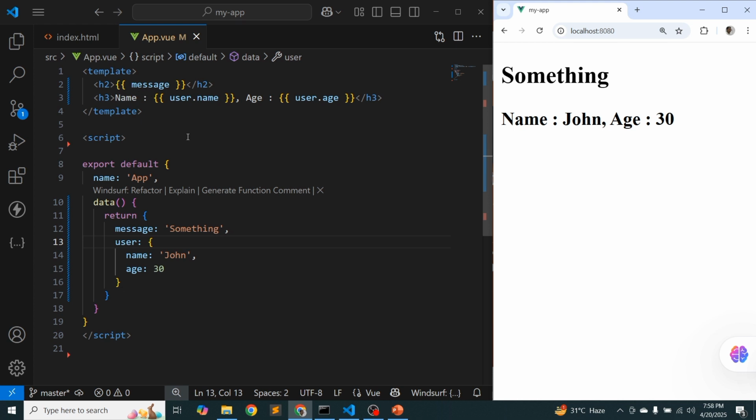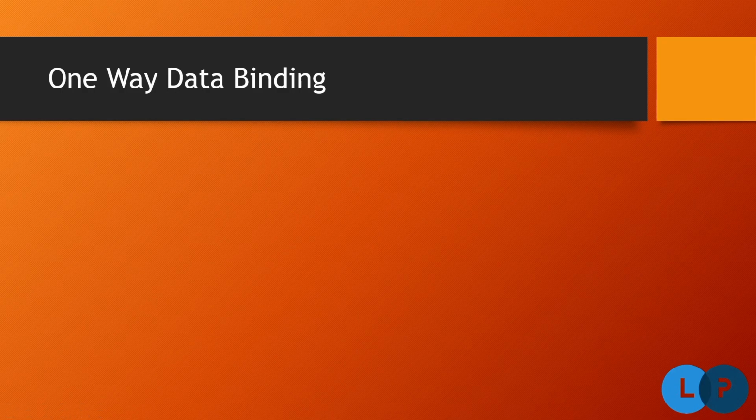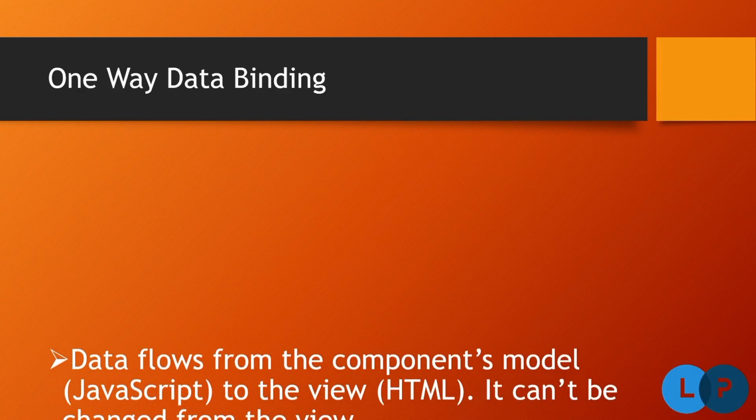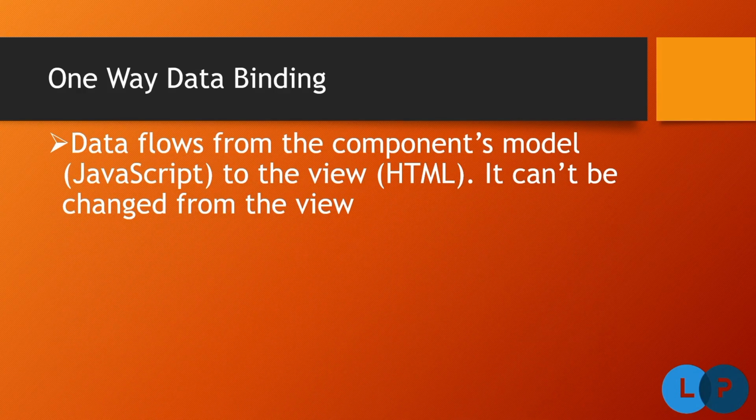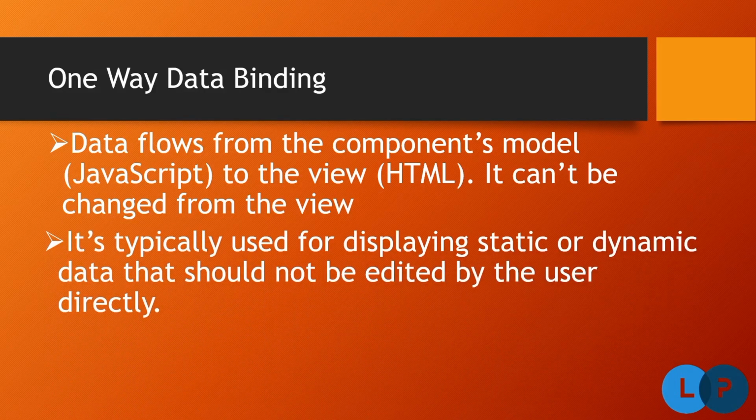To wrap up, in simple words, what is one-way data binding? Firstly, data flows from the component's model to the view. It cannot be changed from the view. And the second thing to remember, it's typically used for displaying static or dynamic data that should not be edited by the user directly.